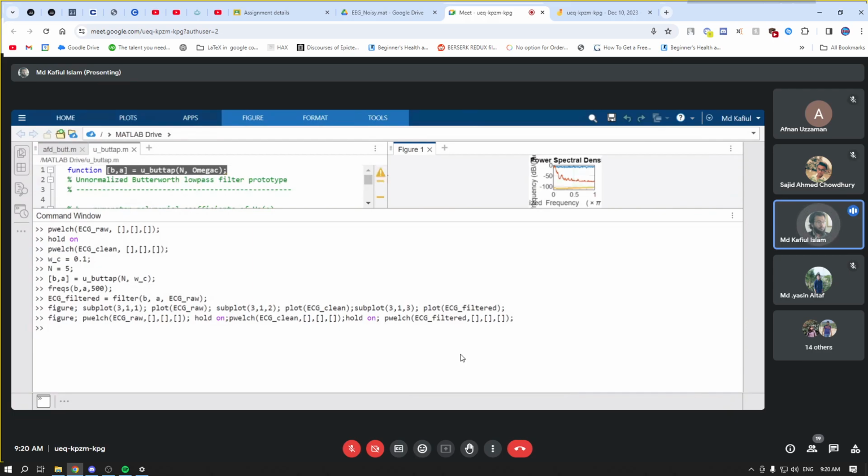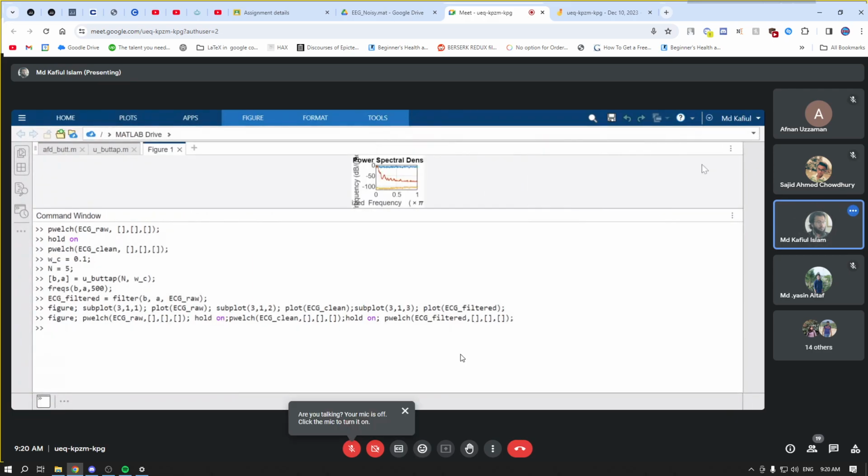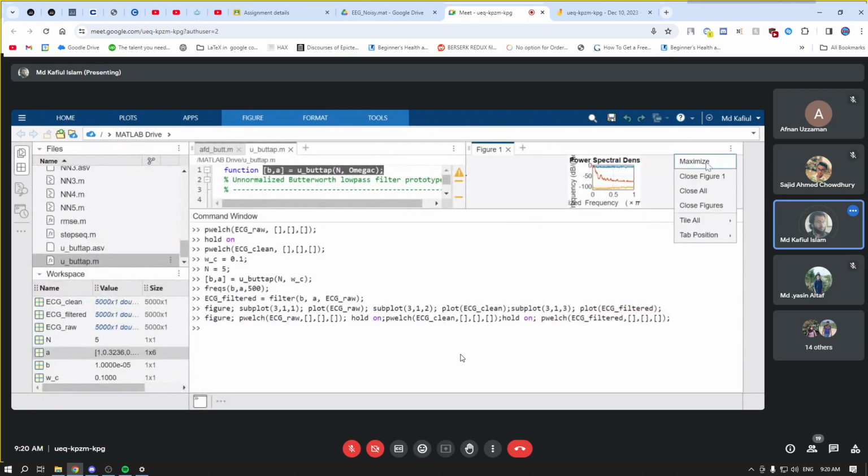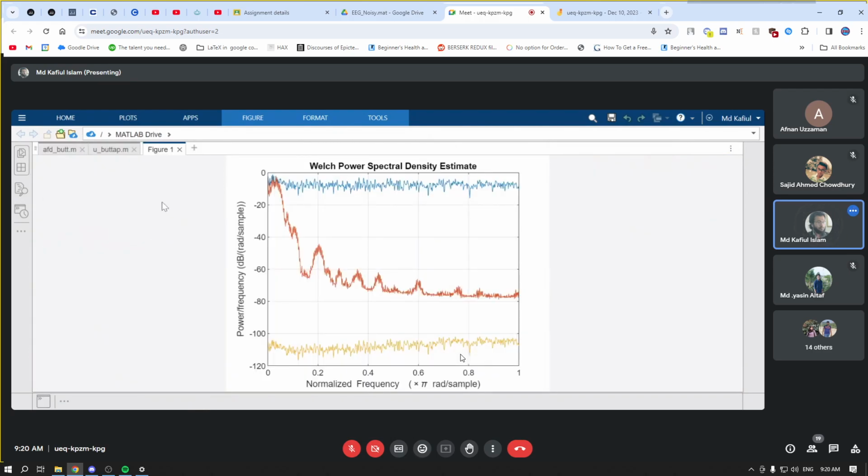You have plotted all of them in the same graph: raw, then clean, then filtered.